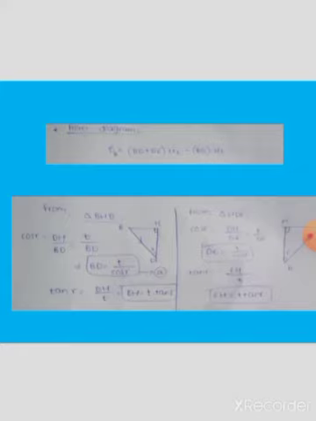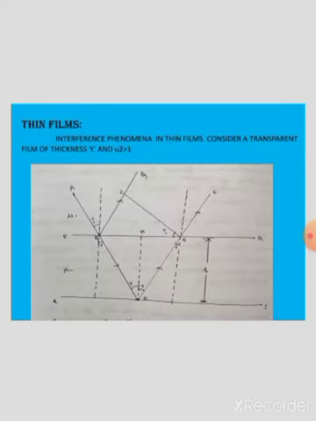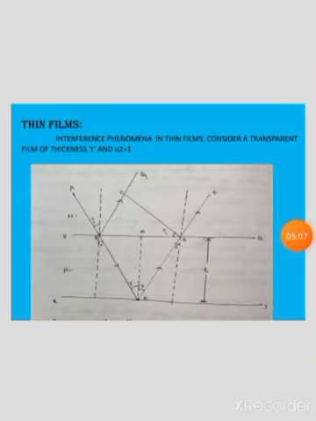Now from the diagram, consider triangle DHE. Again consider cos R equals T by DE and tan R equals EH by T, the thickness. Hence from the equation you can rewrite it as EH equals T tan R. Again let us come back to the diagram and now consider triangle BCE.